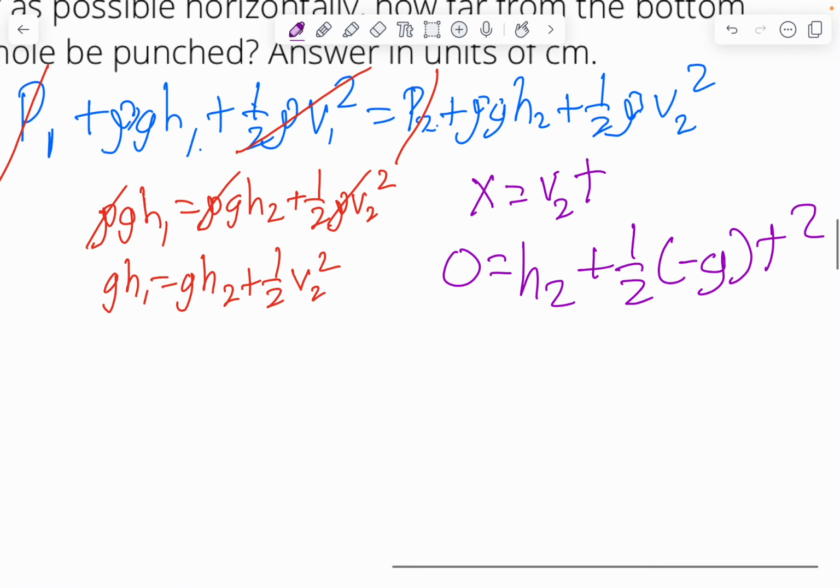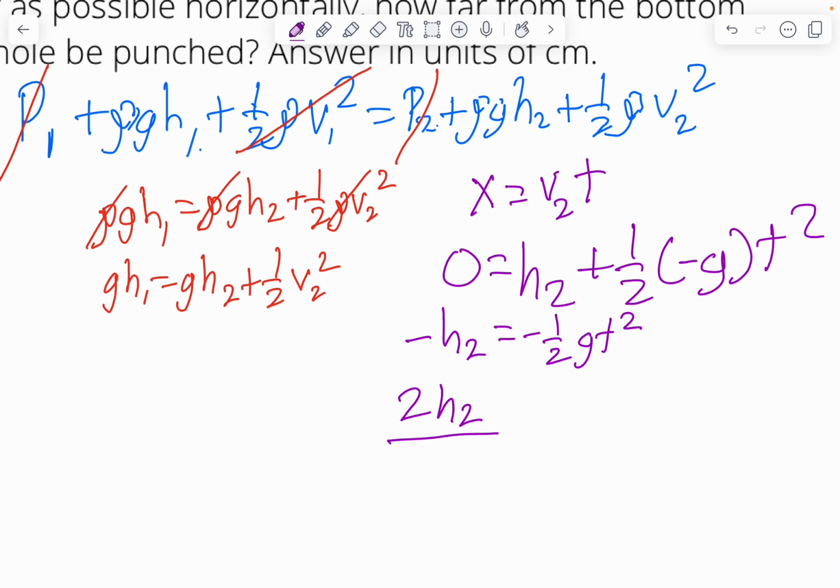When I solve for time, I'll get negative h2 is equal to negative 1/2 g t squared. Then, multiplying by negative 2 so the negatives cancel each other out, and then dividing by g and taking the square root, it'll be the square root of 2 h2 divided by g.